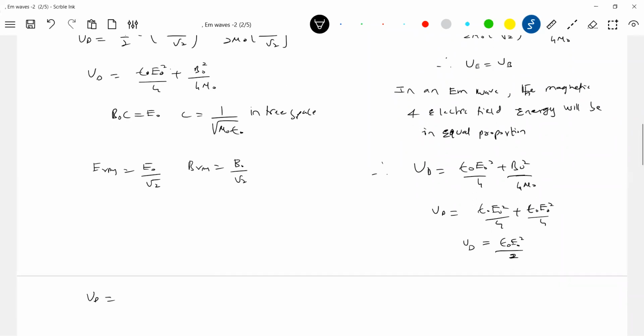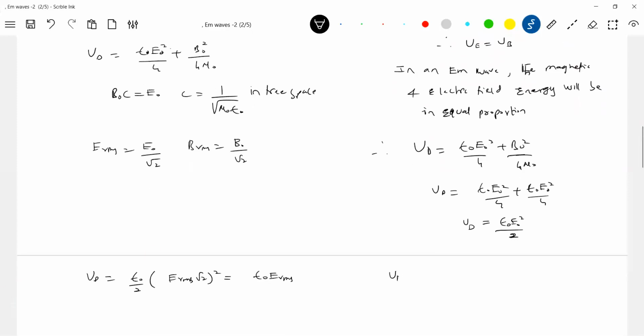So the energy density is equal to epsilon naught times E naught, and we can write it as just this much. Or in terms of the magnetic energy density, this can also be written the other way: B naught square by 2 mu naught. And what is B naught equal to?